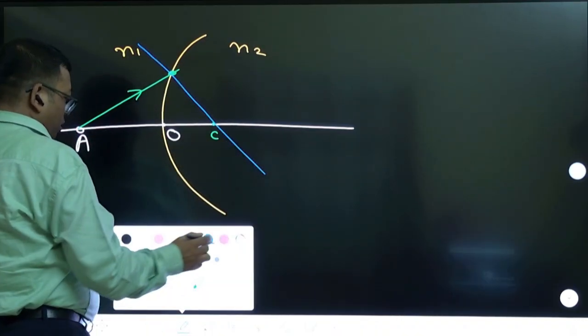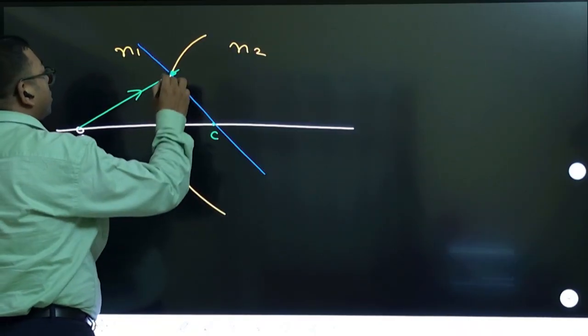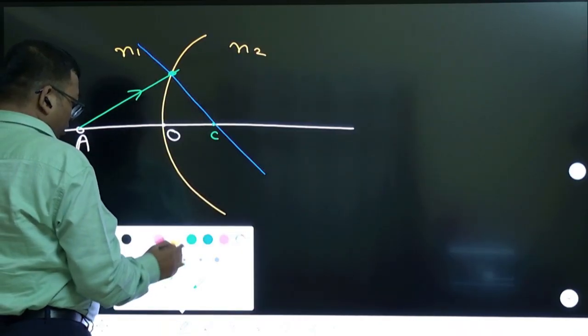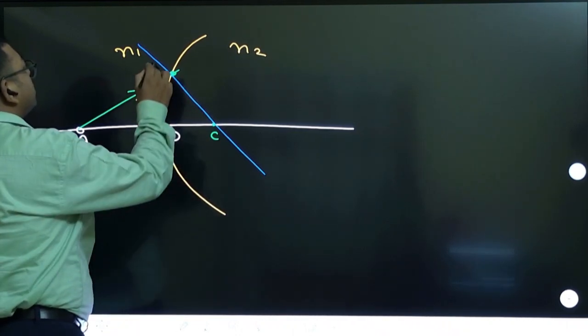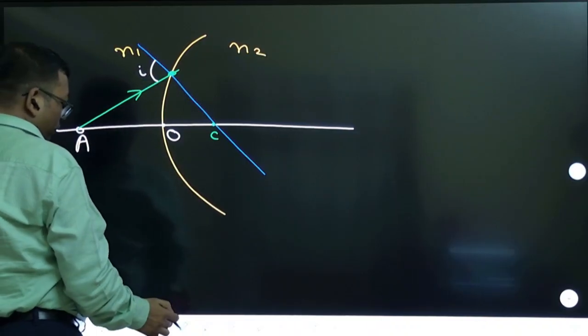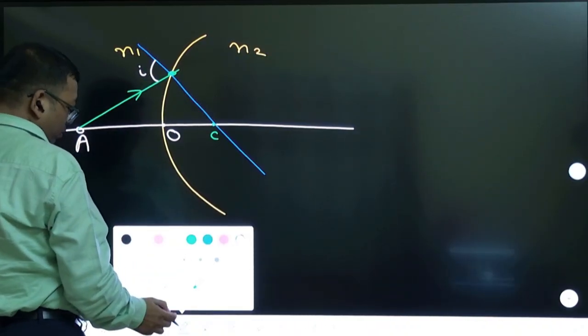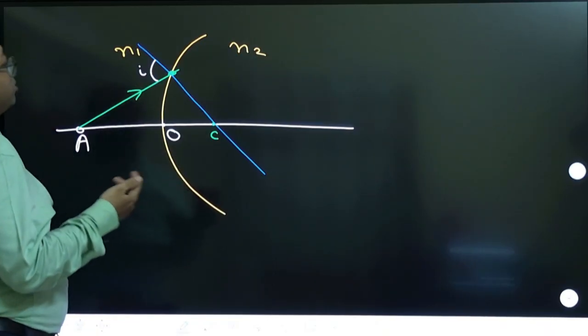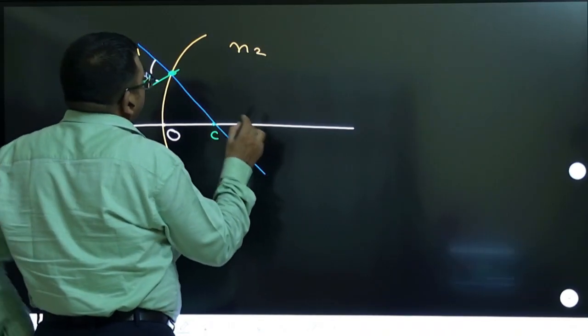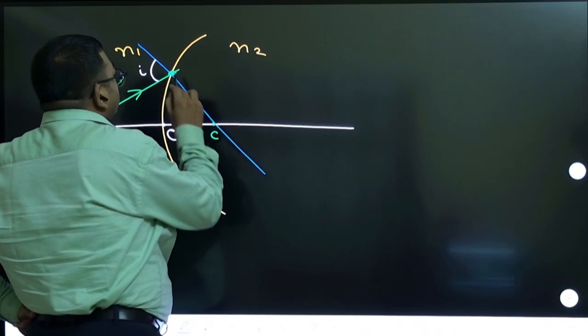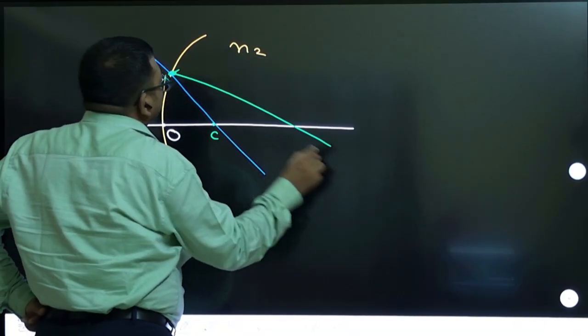Now, if I want to draw the ray, this is the angle of incidence, I. Now how will the ray go? Will it go towards or away from the normal? That will depend. Let us say this is a denser medium, so the ray will go towards the normal like this.